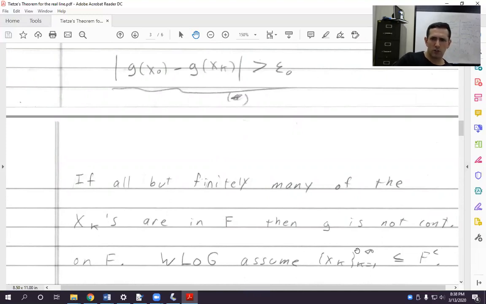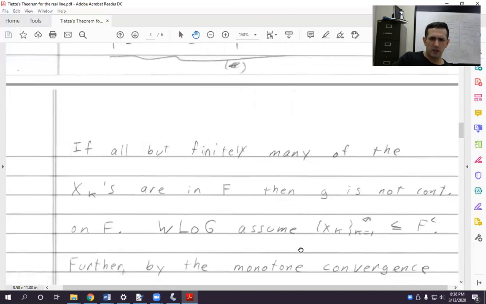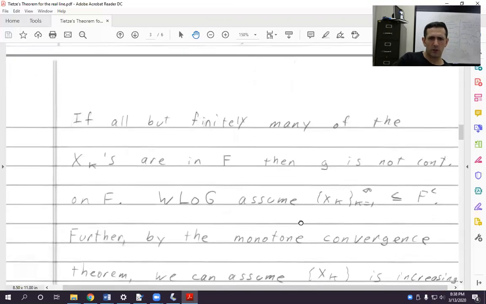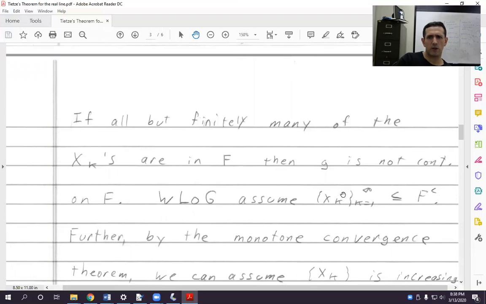So assume infinitely many of the xk's are in F complement. Passing to a subsequence if necessary, we can assume that all of the xk's are in F complement. Further, by the monotone convergence theorem, because this is certainly bounded, you can assume that the sequence is monotone.